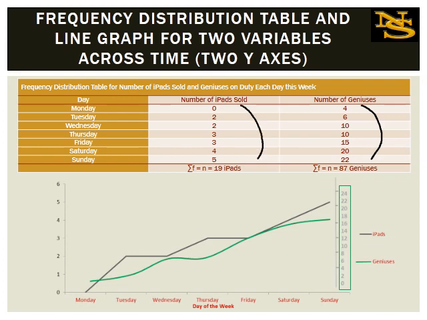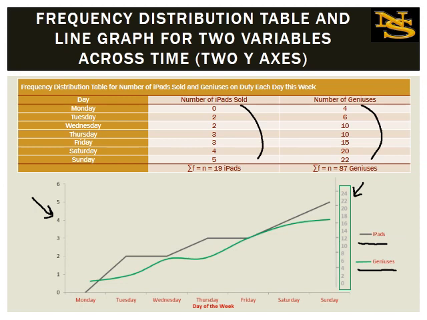So if you want to look at changes across time for two variables, but they have very different numbers associated with them, it's better to have two y-axes, one that's relevant for each variable's range. So you'll see in this line graph, this y-axis presents a reasonable range of values for the number of iPads sold, and this y-axis provides a reasonable range of values for the number of geniuses on duty.